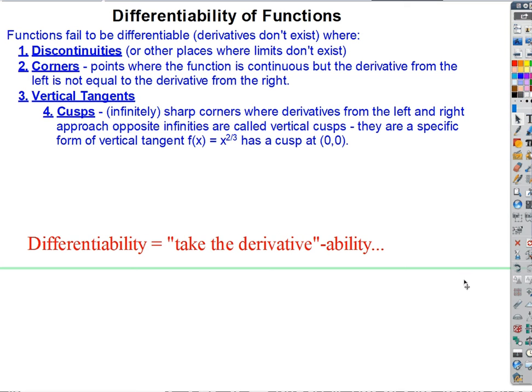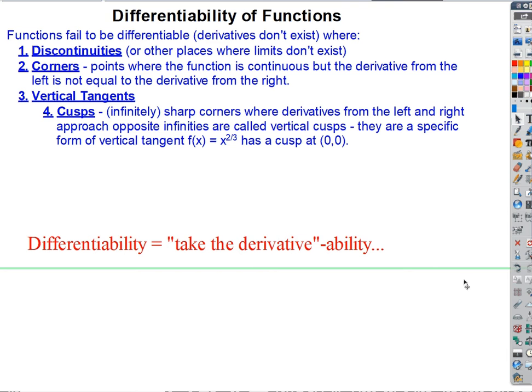But if derivative is a noun, what's the verb that goes with that, right? To do that process, contrary to what you might think, it's not derive. People oftentimes want to say, I'm going to derive the derivative. It seems like it ought to be, but it's not. The verb is differentiate. And we'd say that this whole first half of the class is called differential calculus because it's the calculus related to differentiating functions, right?